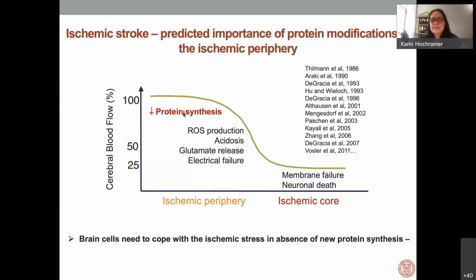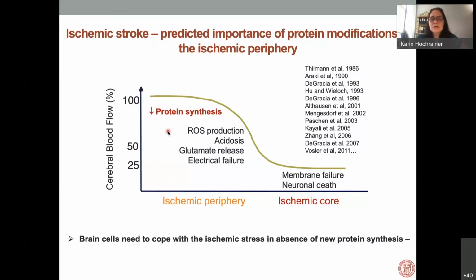So protein synthesis is shut down, which has been shown in many publications that I've listed here, way before anything else happens. And particularly in the ischemic periphery, where the cells are potentially viable, they have to combat the stress without the possibility of making new proteins.